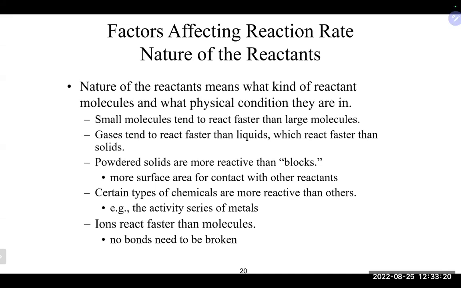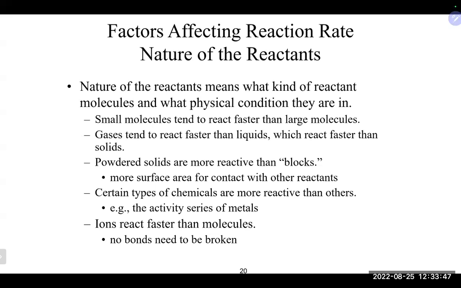For things to react, as we'll talk about, there are 2 things that have to occur. There has to be some type of collision between things to allow the reaction to take place. And they need to hit each other in the right spot with the right amount of energy. Things in the gas state have a lot of energy, so they're flying around, and in most cases they can accomplish all that just by the nature of them flying around.